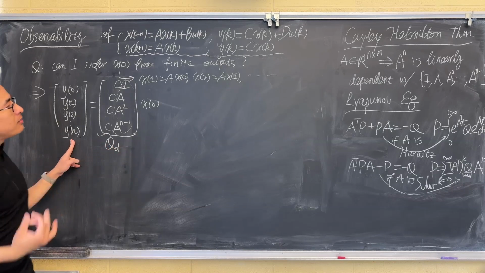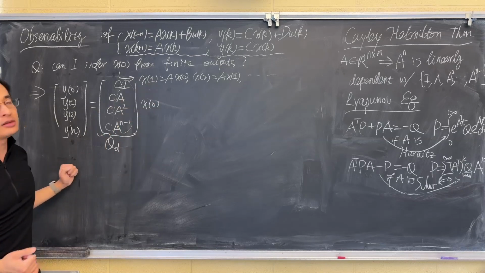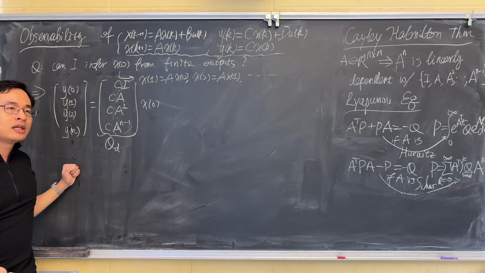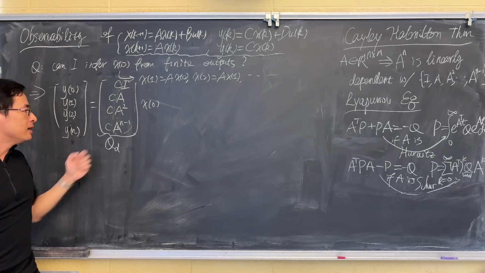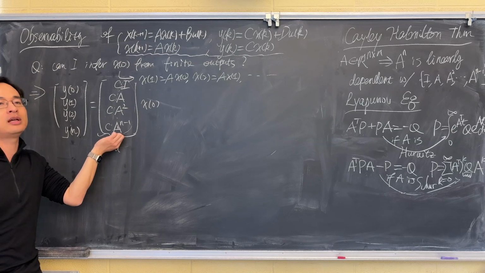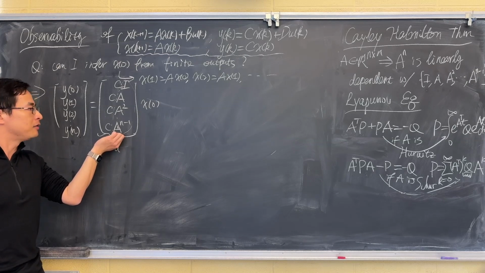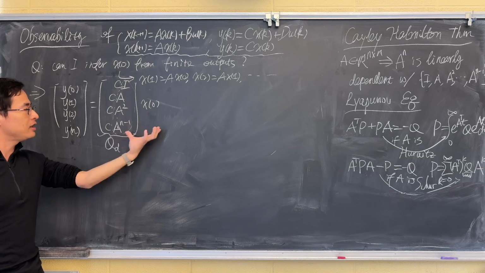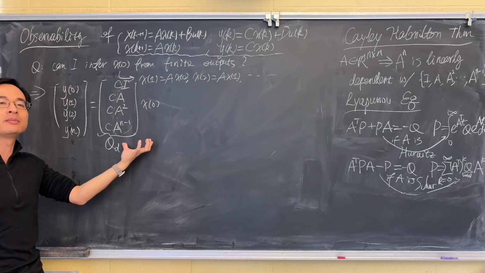So what do we know from the Cayley-Hamilton theorem? Similar to the controllability case, you don't have to use a significant amount of outputs if you are interested in solving this equation.